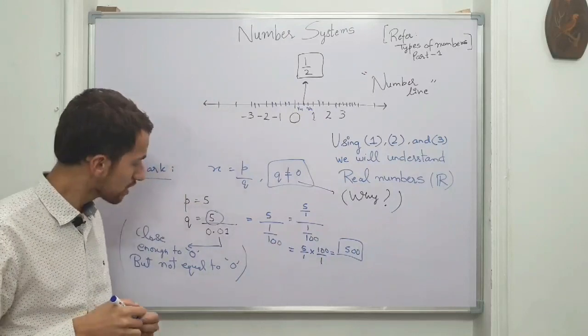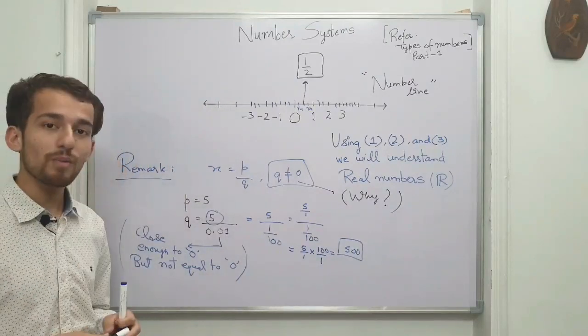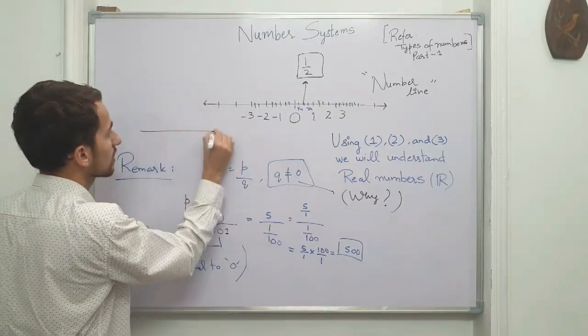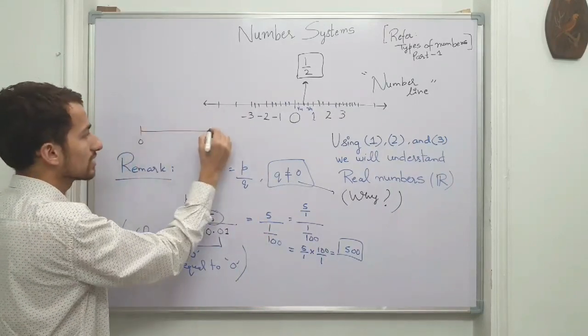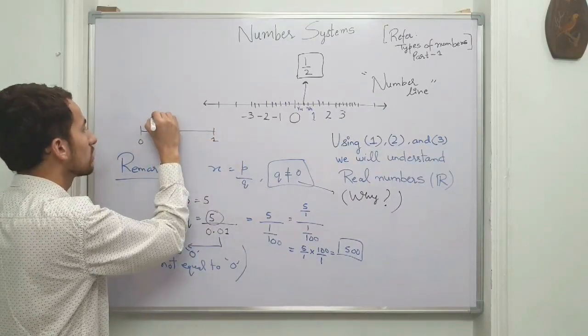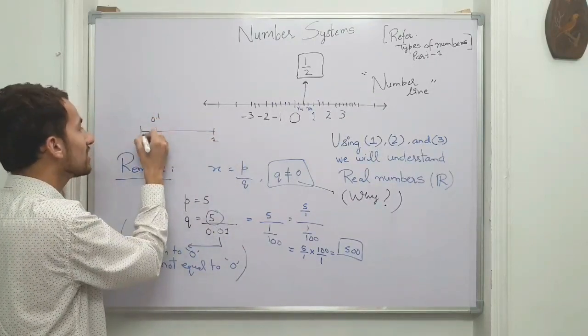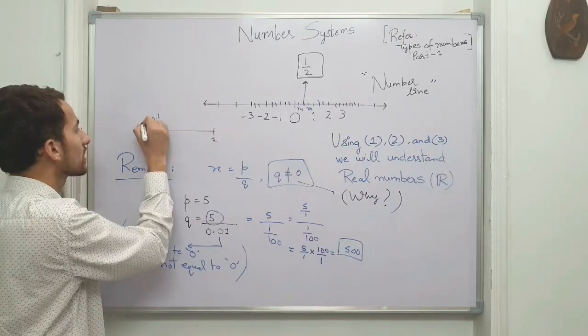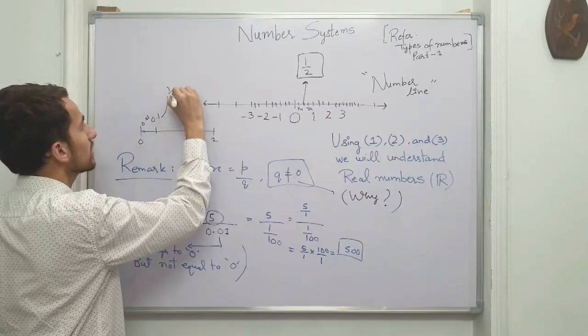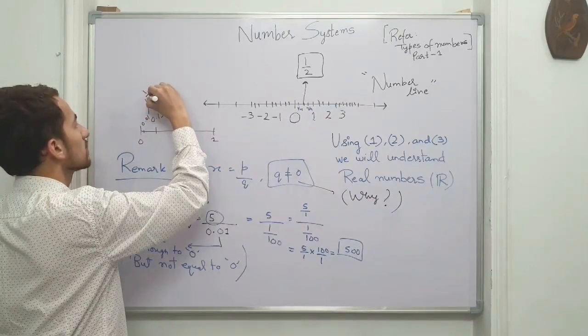Fine. So if now it goes closer and closer to 0, like the previous one was 0.1. Let me sketch this part only of the number line. This is 0, this is 1, this is 1 by 10 or simply 0.1. Now you are asking 1/10 of this value, so it will be somewhere here, 0.01. In fractions it is 1 by 10 and it is 1 by 100.